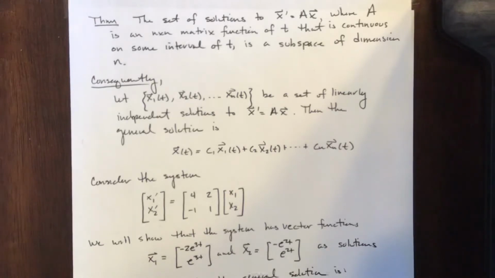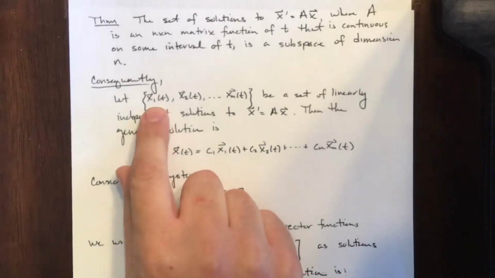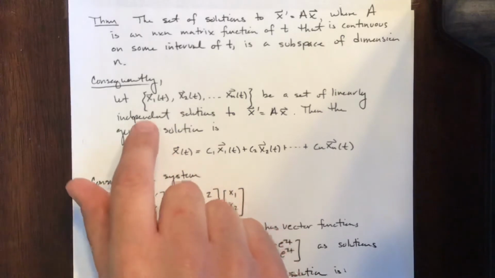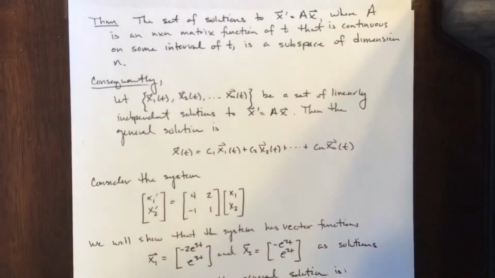If n was 3, so A was a 3 by 3 matrix, x1 might look like cosine t, sine t, and t squared as first row, second row, third row.